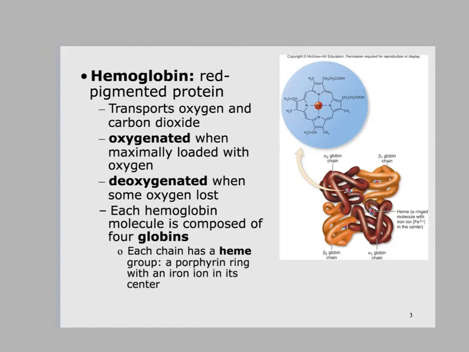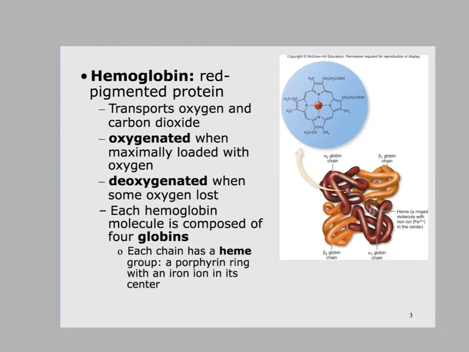You have 2 alpha globin units, 2 beta globin units, so there's 4 globin molecules that are held together, and there's also a heme group. Each globin chain has a heme group with it, and that's where the iron comes in. Okay? You talked about iron.